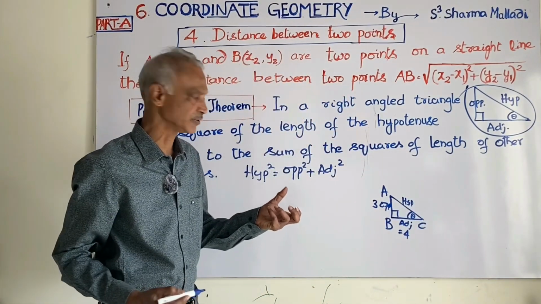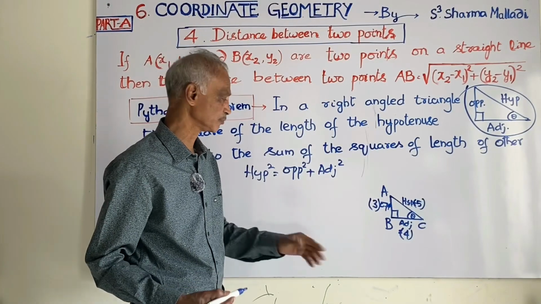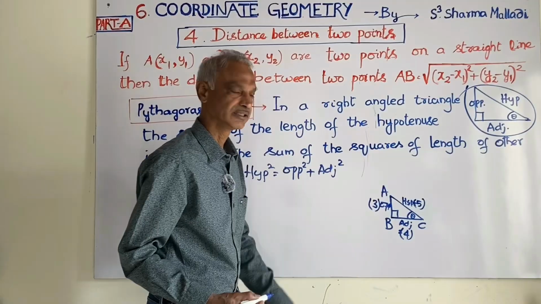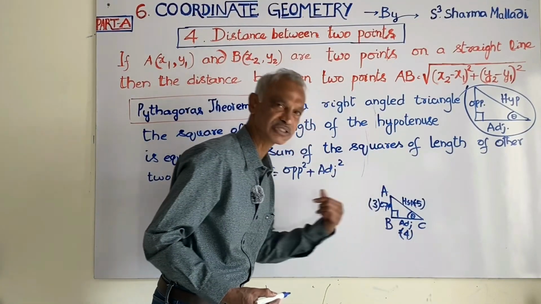What is the hypotenuse? With 3 and 4, what is Pythagoras theorem? In a right angle triangle, the square of the hypotenuse is equal to the sum of the squares of the other two sides.